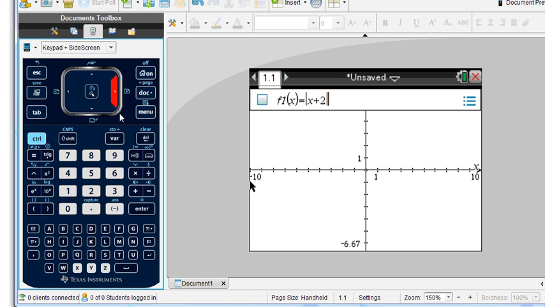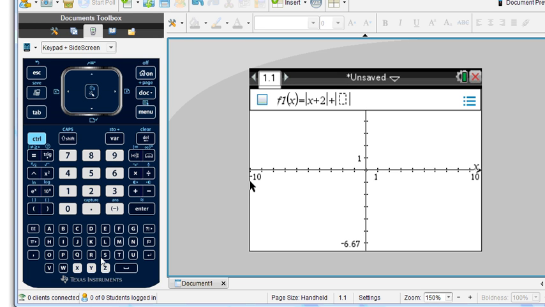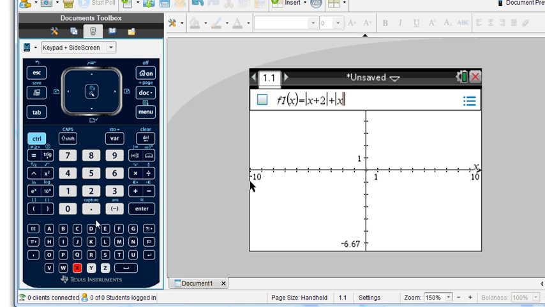Go outside the bracket. We have plus absolute value brackets x, and that's minus 1, and then minus 2. Then we graph this function.